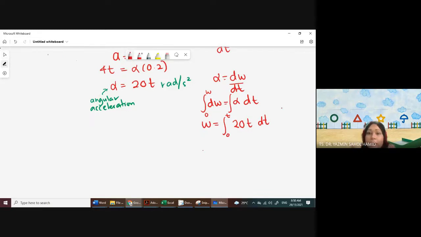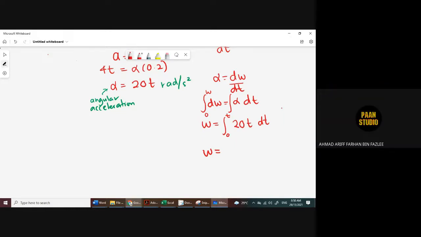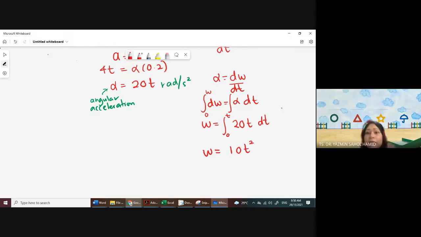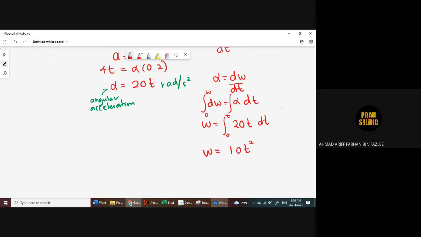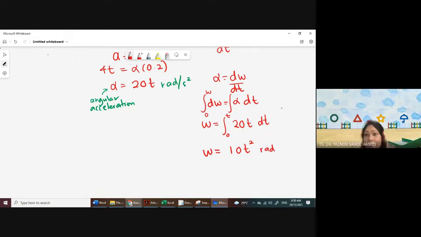So omega will equal, if you integrate 20t, you get 10t squared. Don't forget, what is the unit for omega? Radian per second. Good, so you have your omega.